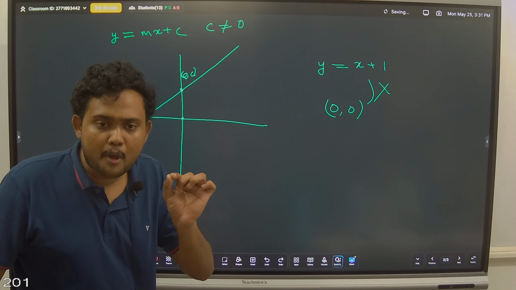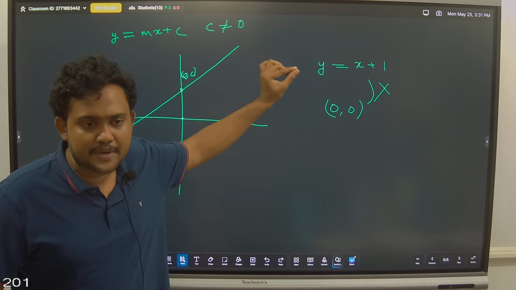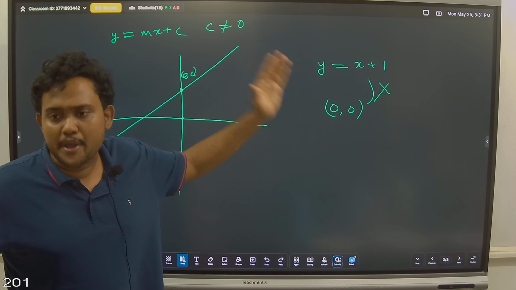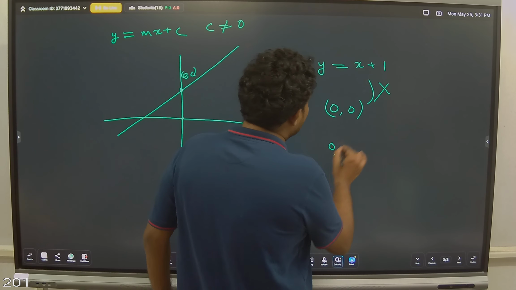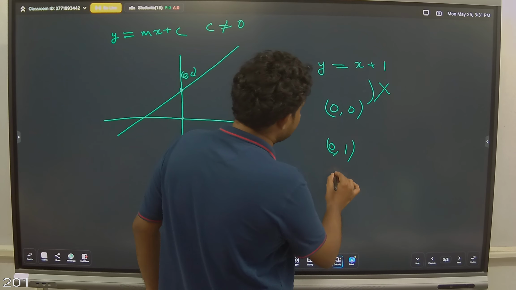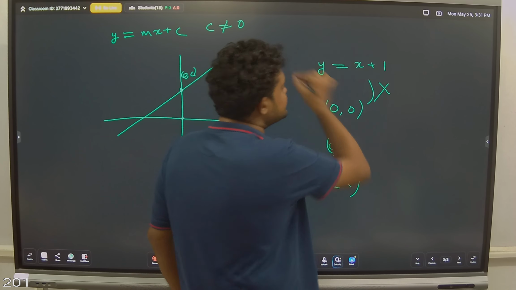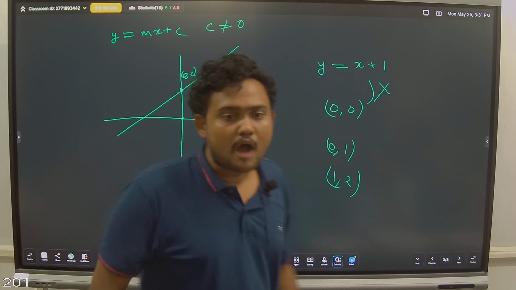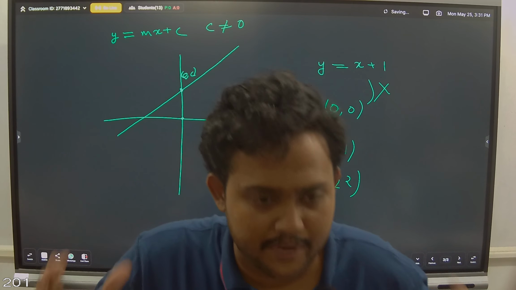But certain points do, for example the point 0 comma 1 or the point 1 comma 2. So I am drawing the locus of all of the solutions to this equation, right?